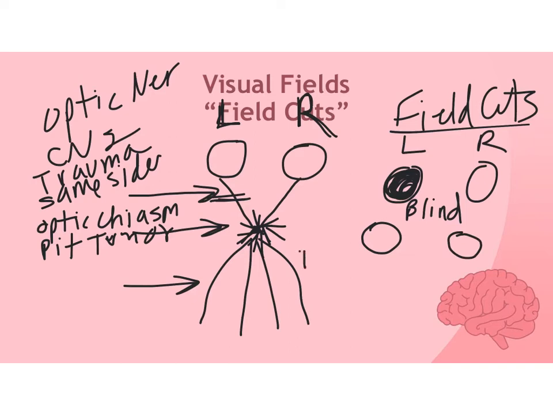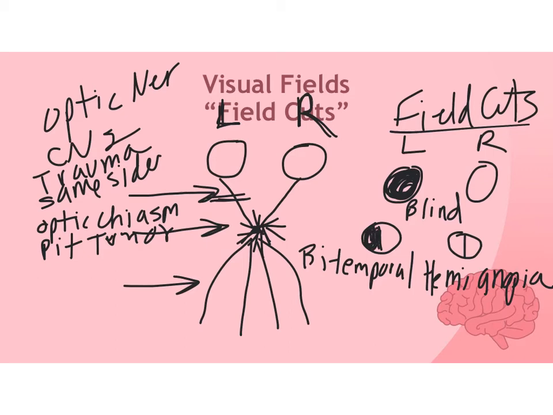It's called bitemporal hemianopia. Hemi, half, anopia, can't see. So split the eyeballs in half and only color in both sides on the temporal sides. That's on the outside. So color in this one and color in this one.